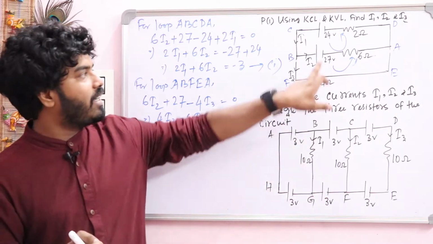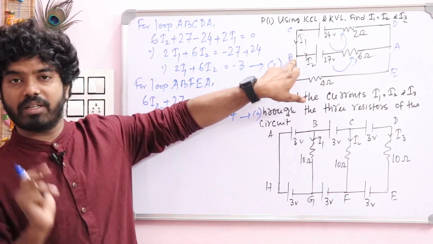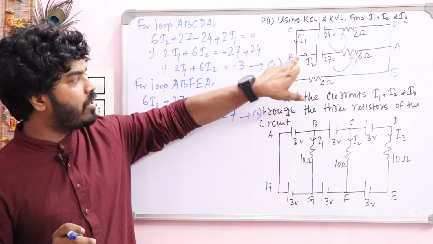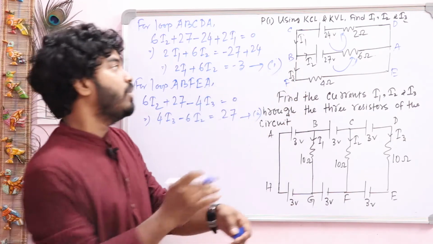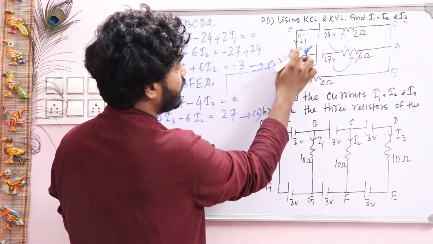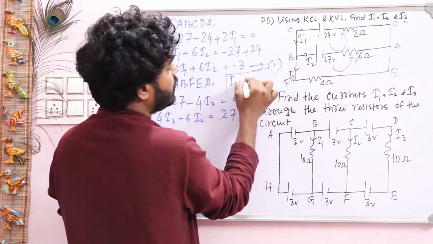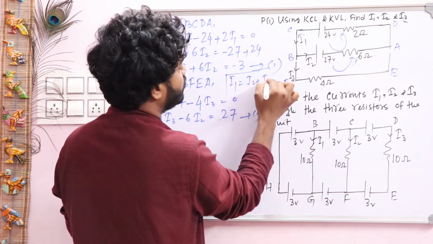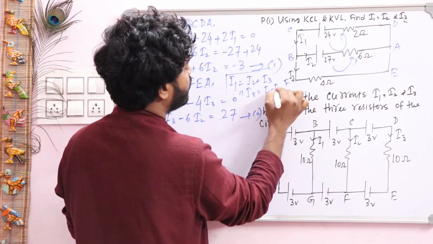You just see here I1 is divided at point B in two parts, here I2 and in this way I3. So according to KCL we can write here I1 is equal to I2 plus I3. So from here I3 will be I1 minus I2.